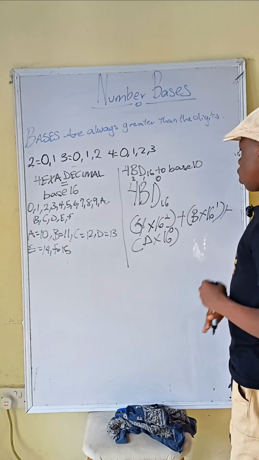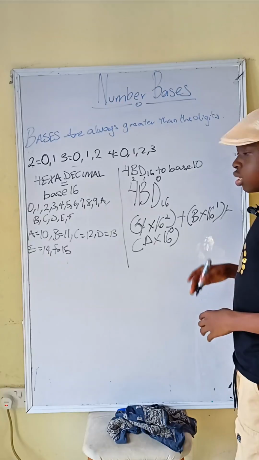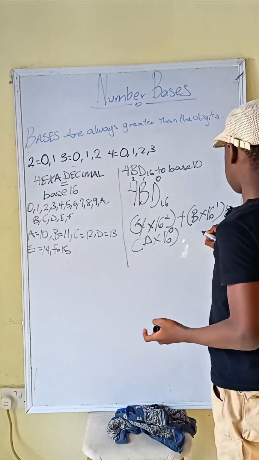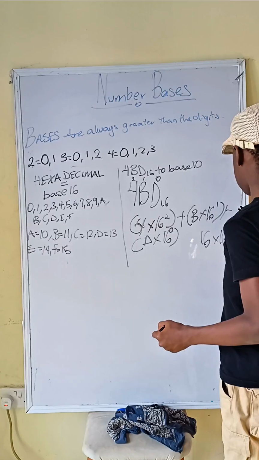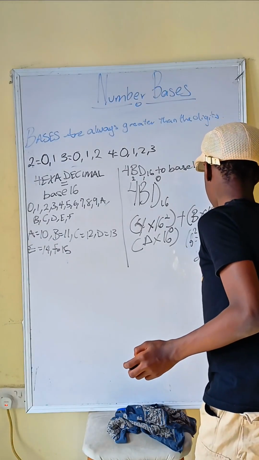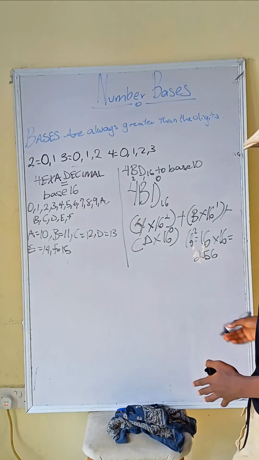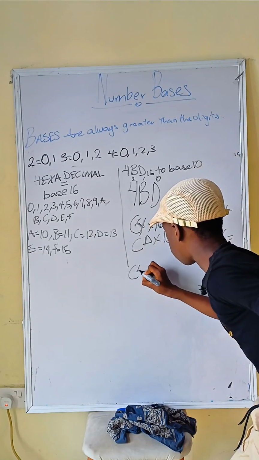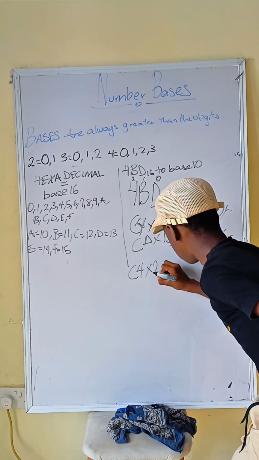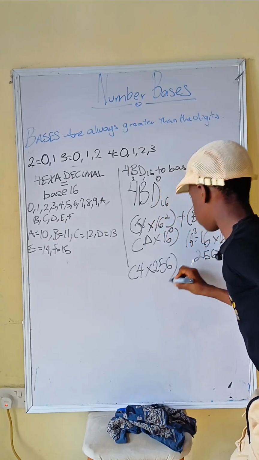What's on top of D? 0. And now 16 in 2 places is 16 times 16, 256. So we have already found out that 4 times 256.